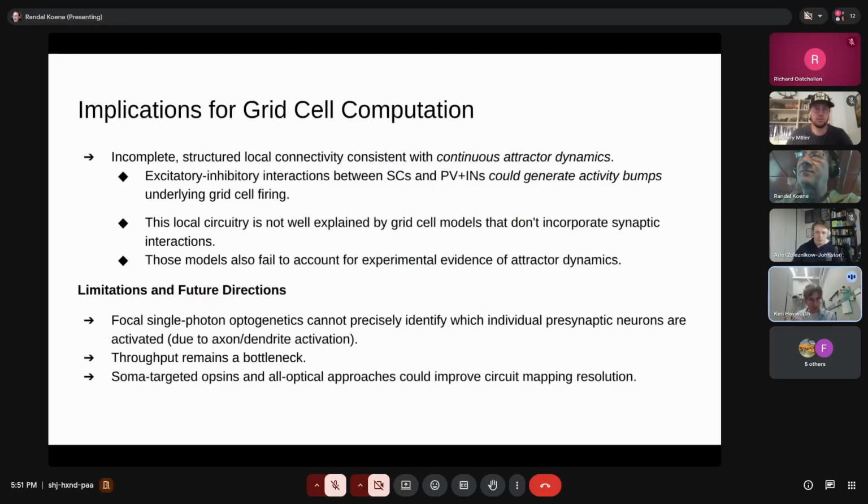Do you feel comfortable with laying out some speculation on how the bump attractor is being moved around, or how this actually maps onto circuits or anything like that? If you're asking me directly, no.